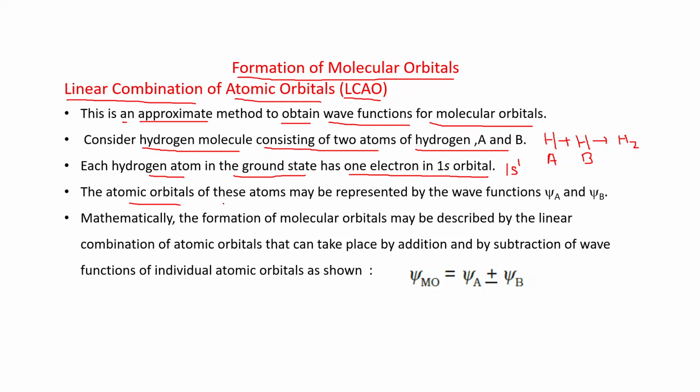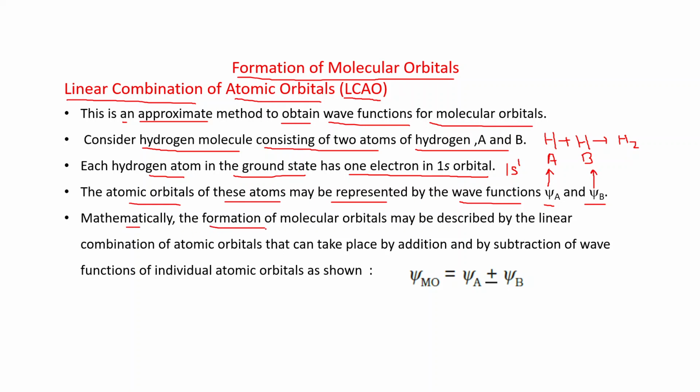The atomic orbitals of these atoms may be represented by the wave functions psi A and psi B. Psi A is the wave function of the atomic orbital present in this hydrogen atom, and psi B is the wave function of the atomic orbital present in the other hydrogen atom.